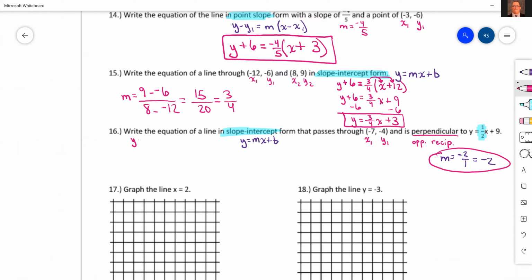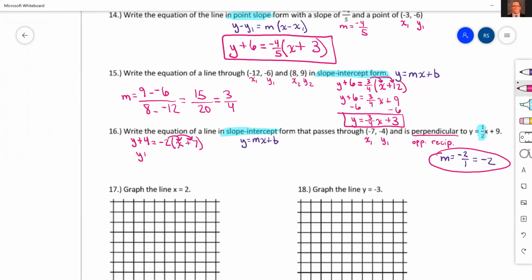So y minus y1 is -4, so actually it would be y plus 4 equals -2 times x plus 7. Minus -7 turns into plus 7. So distribute my -2.